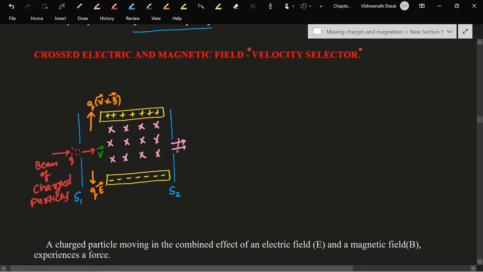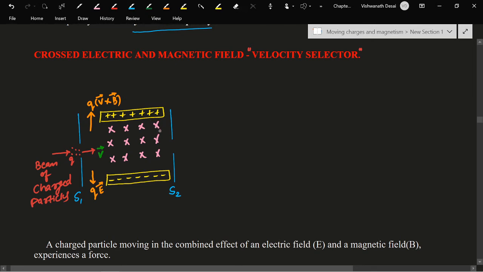But between these two slits you can see there are crossed fields. That means there is a magnetic field here. This magnetic field is perpendicular to the plane of the paper and inwards. This into mark represents that the magnetic field is directed into the plane of the paper.